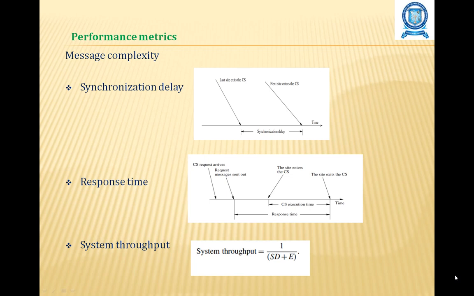The last metric is system throughput, which is calculated using the formula 1 / (SD + E). This is the rate at which the system executes requests for the critical section, where SD is the synchronization delay and E is the average critical section execution time.